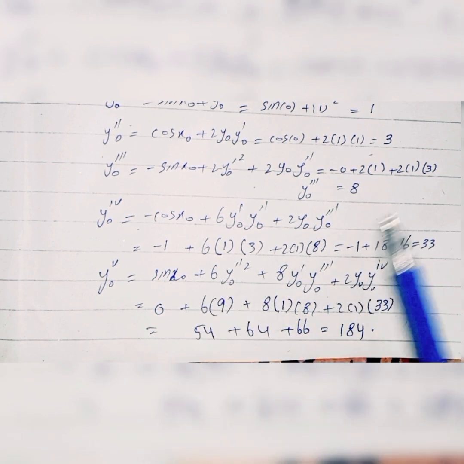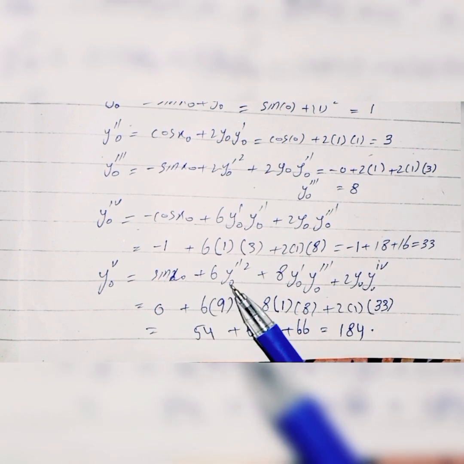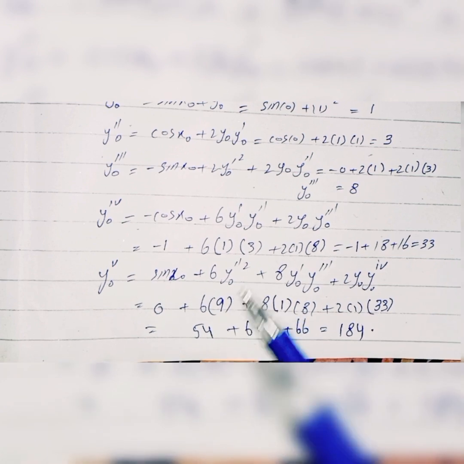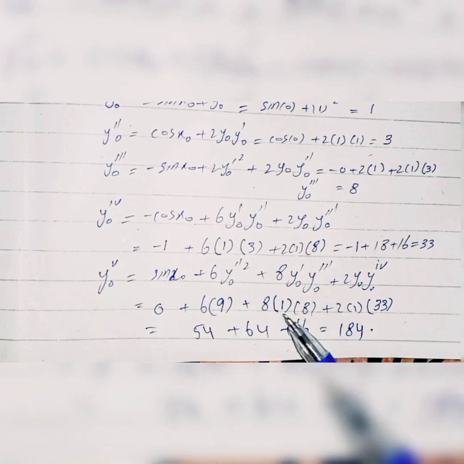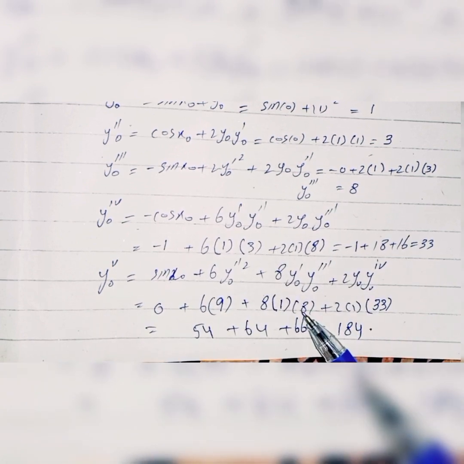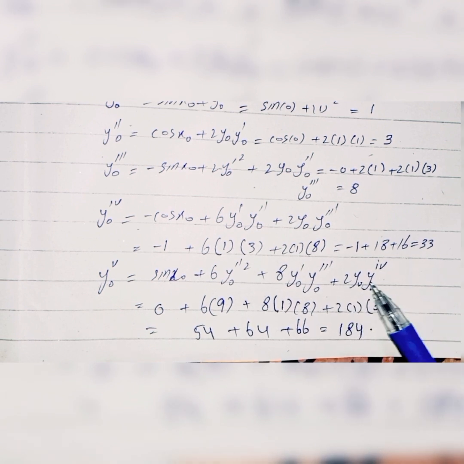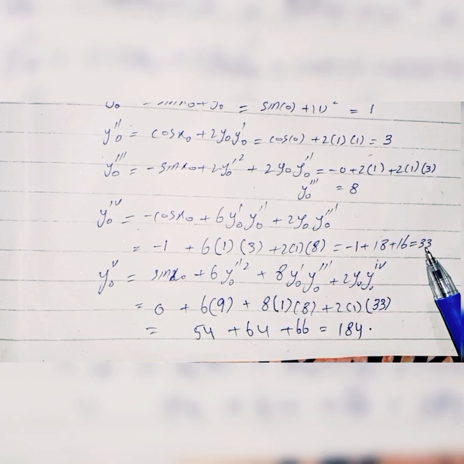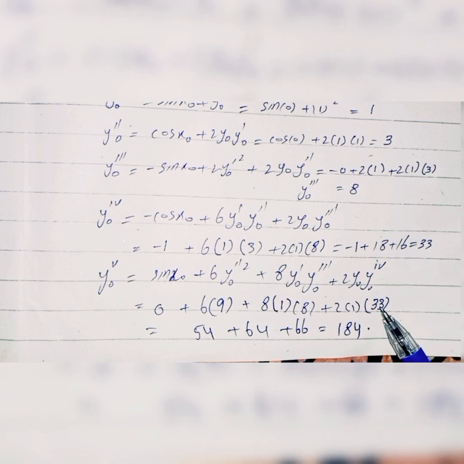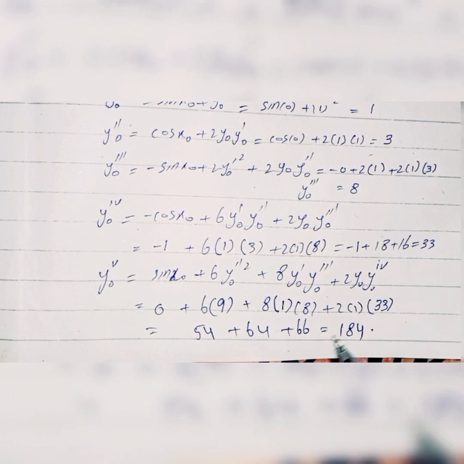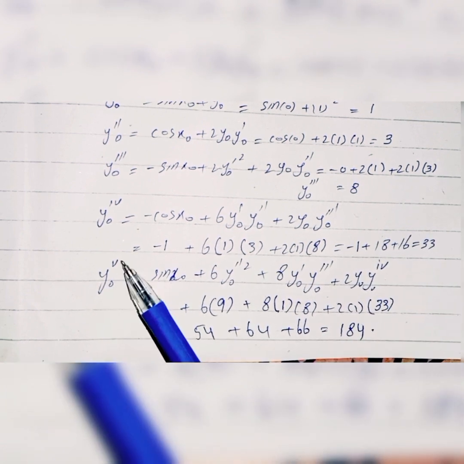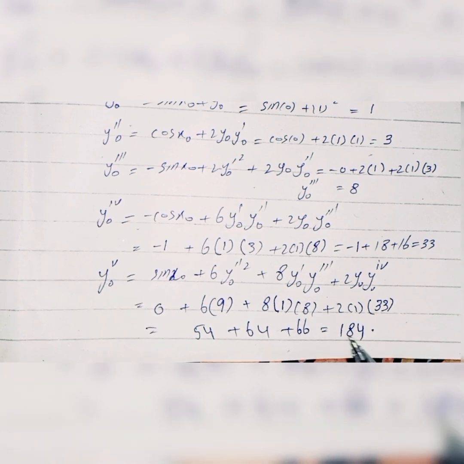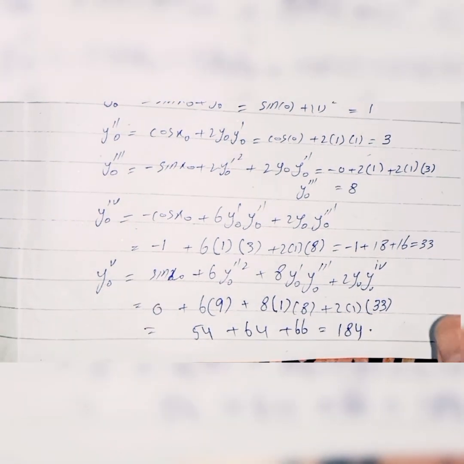Since we know all these values, we have 6 times y double prime naught equal to 3, the square of 3 is equal to 9, 8 y prime naught is equal to 1, y triple prime naught is equal to 8, 2 y naught is equal to 1 and the fourth derivative is equal to 33. After simplifying these expressions, we have the fifth derivative at point x naught equal to 184.